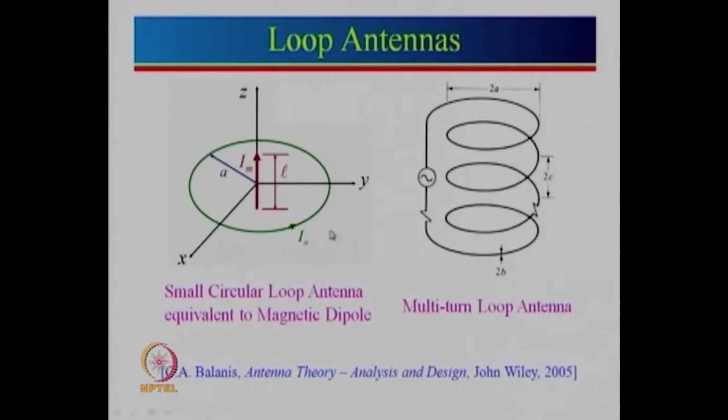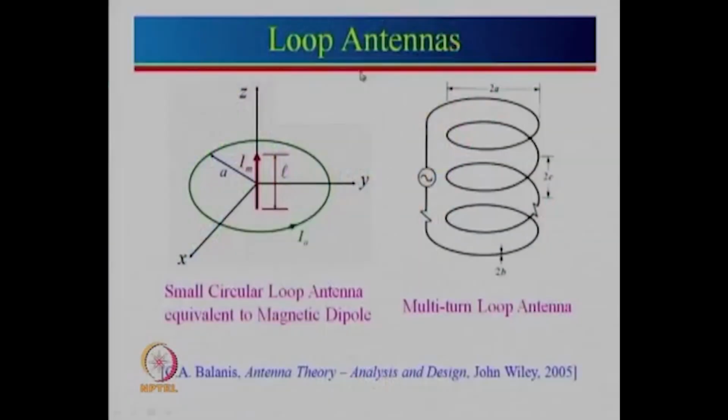So, this one, instead of becoming a magnetic field, now it is electric field. In fact, we can actually use this particular simple assumption, and that way we can find out the radiation pattern of a loop antenna by using interchangeability. So, whatever is valid for dipole antenna, the E field for loop antenna will become the H field, and whatever is the H field for dipole antenna will become the E field. So, E and H fields are reversed.